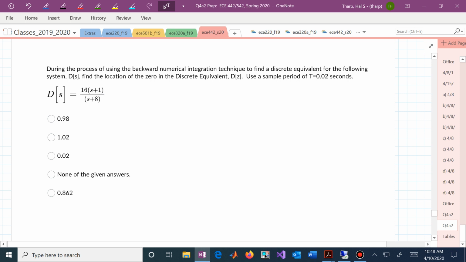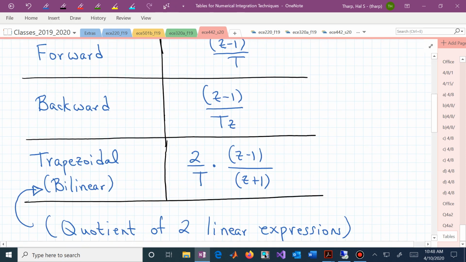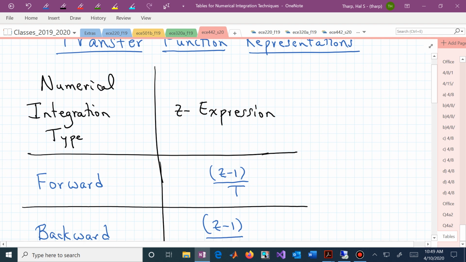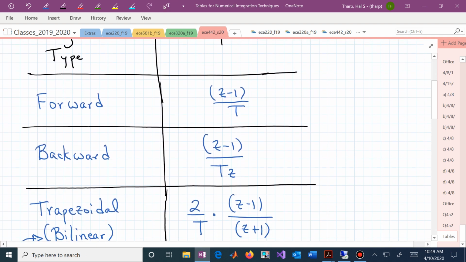Here, during the process of using the backward numerical integration technique, you want to focus on which numerical integration technique to use. Find a discrete equivalent for the following and find the location of the zero. I'm not asking you to do the entire discrete equivalent. I'm just wanting you to find the zero using the backward strategy. I can again go to my tables, but now I'm looking at the transfer function representations.